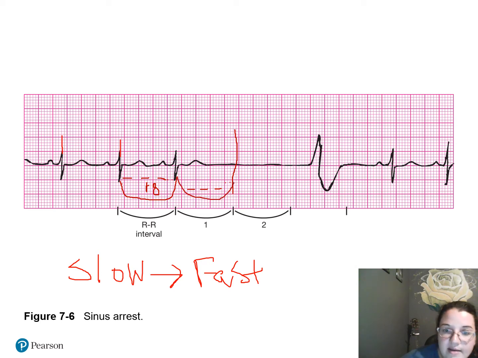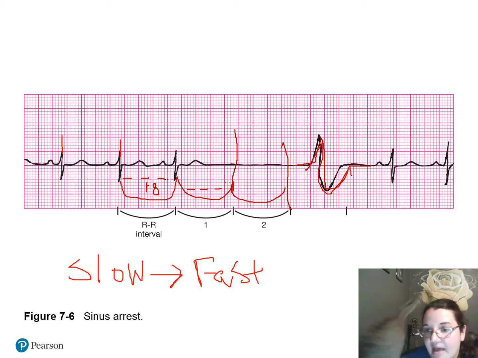That's one multiple of R. And then I'm going to count from where that R was supposed to be, 18 more boxes, and it should wind up here. So we're missing two multiples of R's. And notice this here. Look how crazy this QRS complex is, right? Guess what this is? This is your escape beat, meaning all of a sudden we got an impulse and then we went back to a normal rhythm.